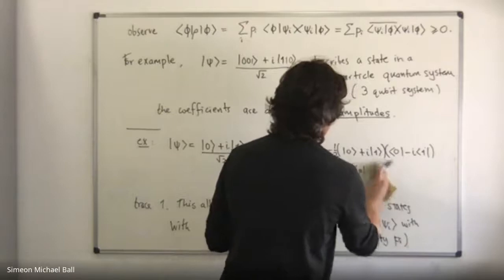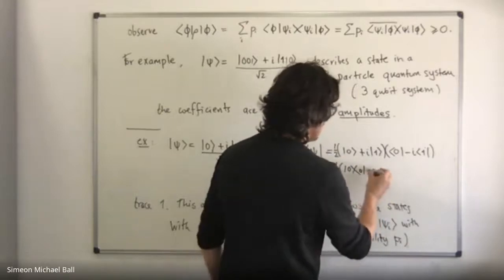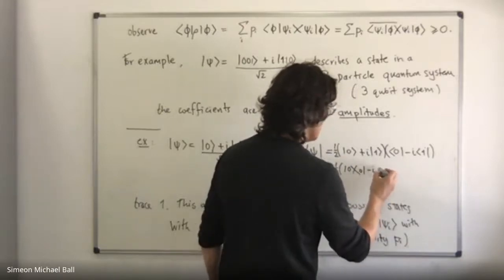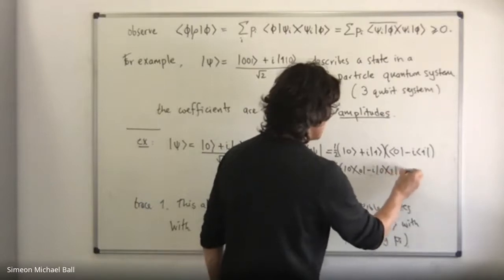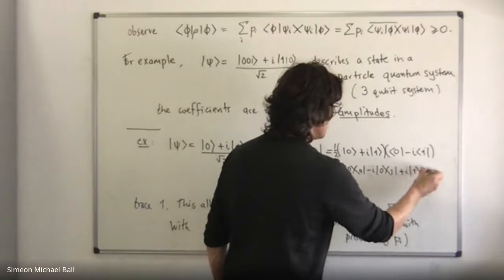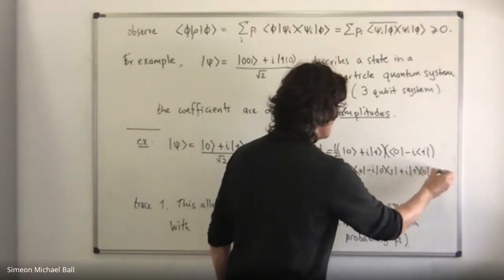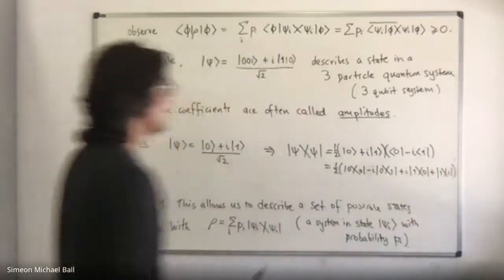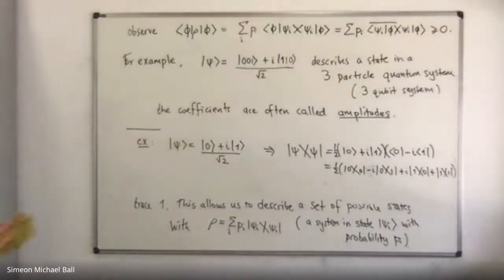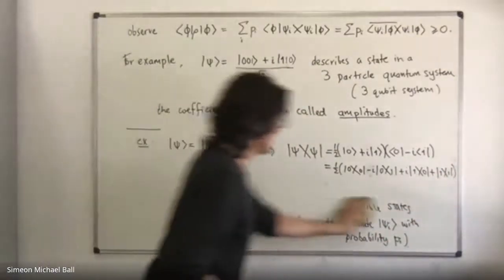Let's do it in the order that you would see it in the matrix. Read it in the matrix. So this would be this matrix, and the trace of this.